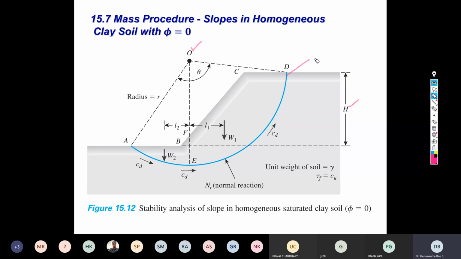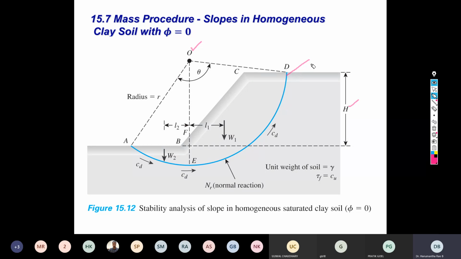Determining the location of the trial slip circle is the biggest thing in slope stability analysis. It is not easy to determine. You may have to make numerous trials, which may be lakhs and crores of trials you may often have to do. It's not one or two, it is thousands and lakhs.